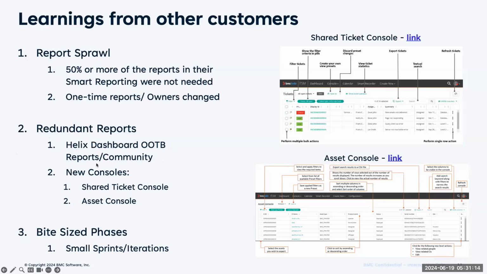Another class of reports which can be substituted are some of the simple ticketing reports and asset reports. There are new consoles available within the product itself. You have a ticket console, you have an asset console. Both of them allow you to set certain filters and list out the records.